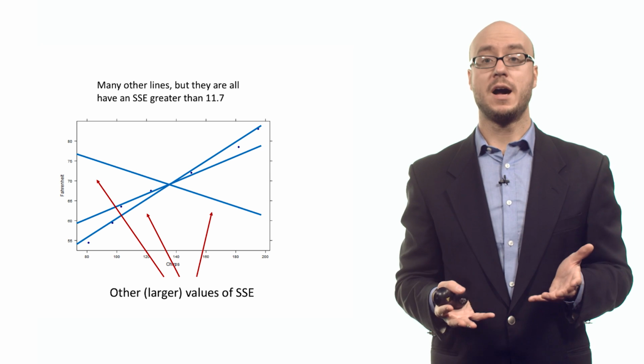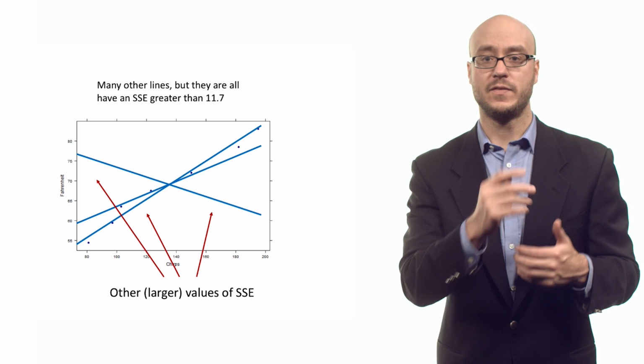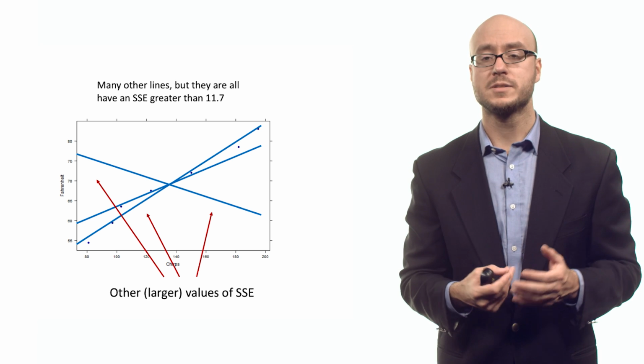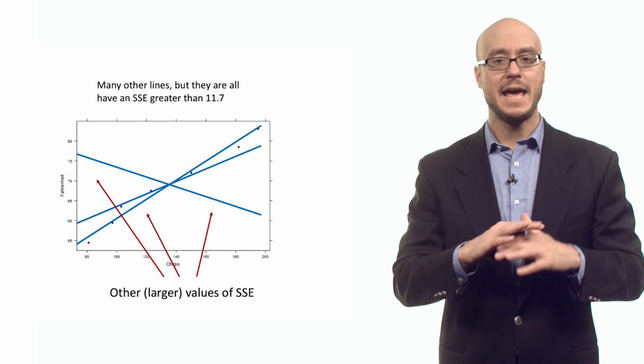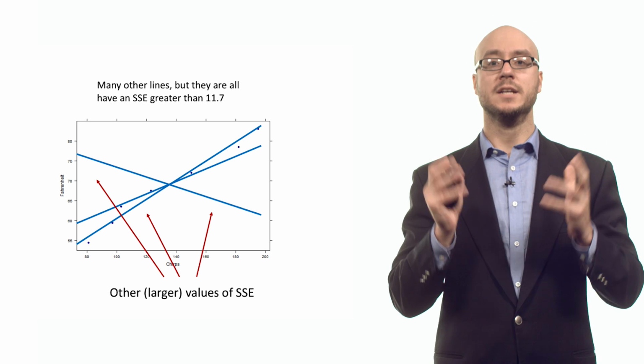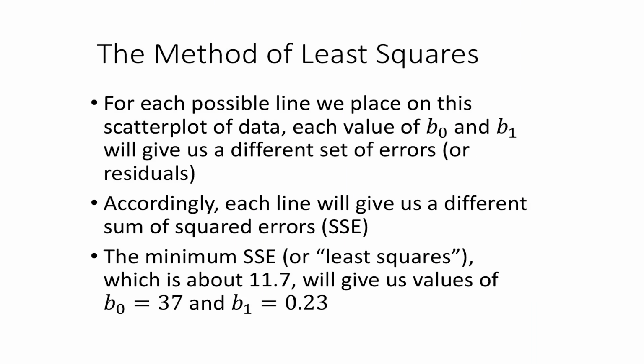Since we derived the sum of the squared errors based on the intercept and slope from the least squares method, we know that 11.7 is the minimum. Any other line you fit to the scatter plot is going to have a larger sum of the squared errors. So that really encapsulates the idea of the sum of squared errors, the least squares method.